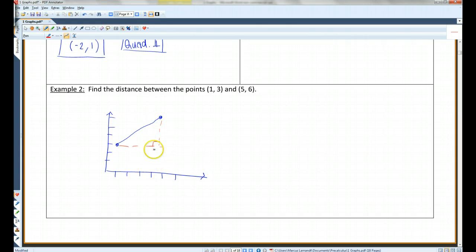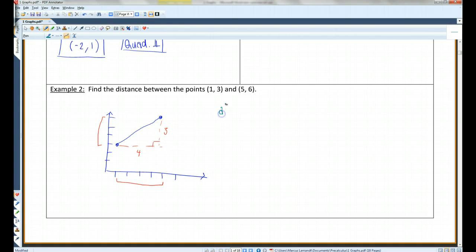We can use the Pythagorean Theorem because I know this distance and I know this distance. So I can just go, okay, 1, 2, 3, 4. So this is 4. 1, 2, 3. This is 3. Now, if you remember your Pythagorean triples, 3, 4, 5 is a common right triangle. If you don't, that's okay.